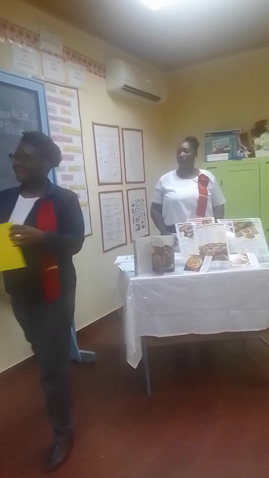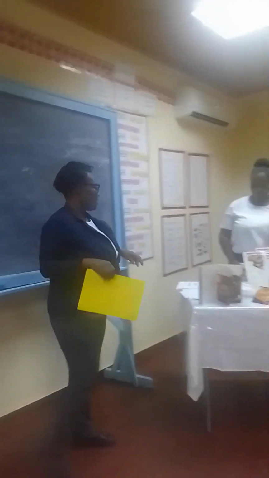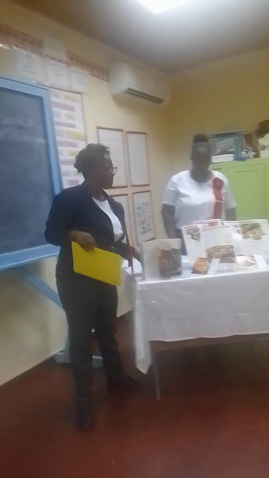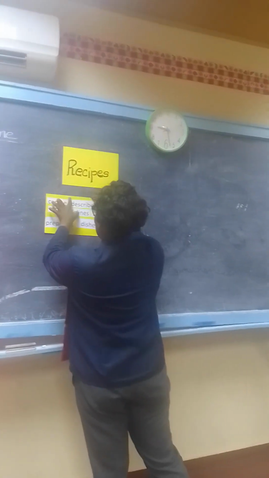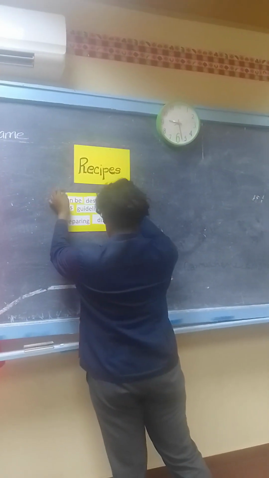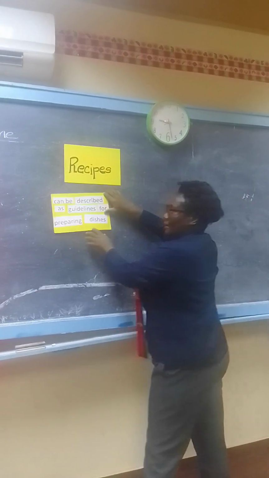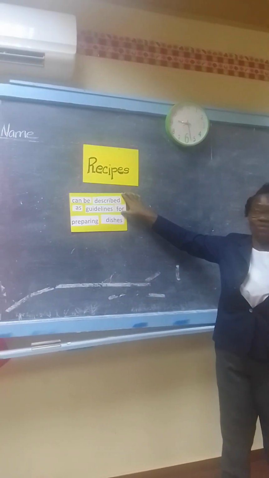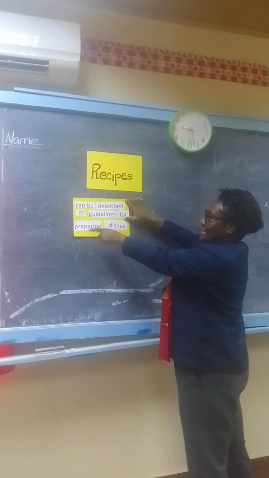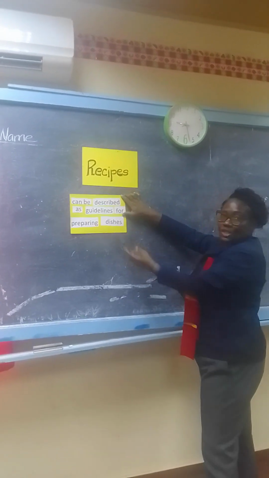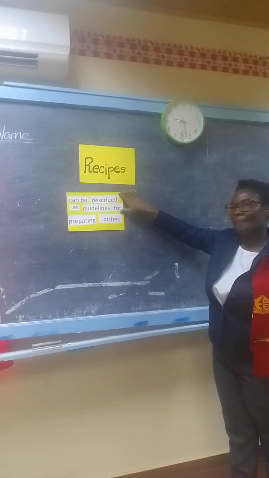Class, let me put that together. This is what you came up with. Look at the definition for recipes. It has recipes, that's the topic, and it says can be described as guidelines for preparing dishes. Do you agree?